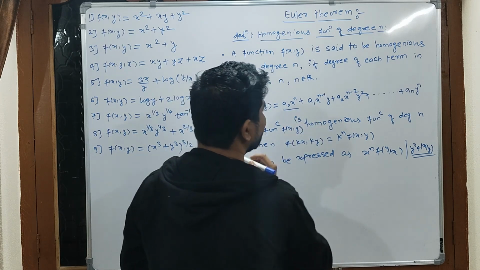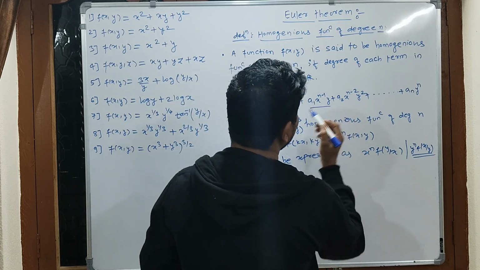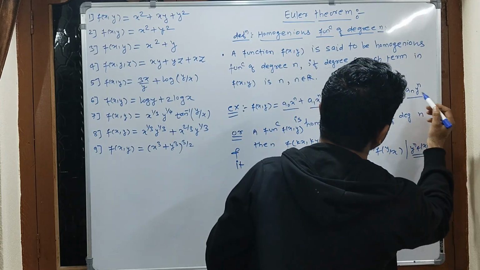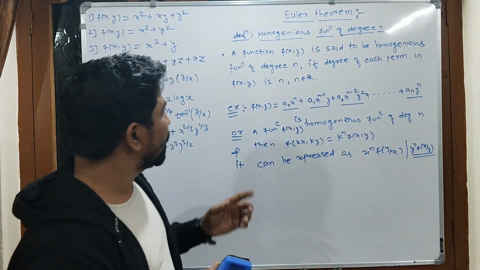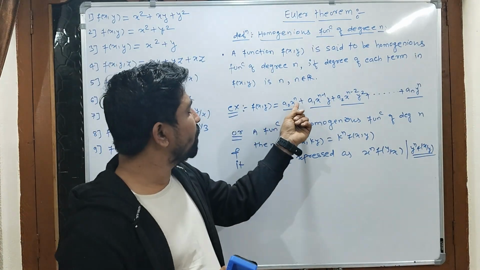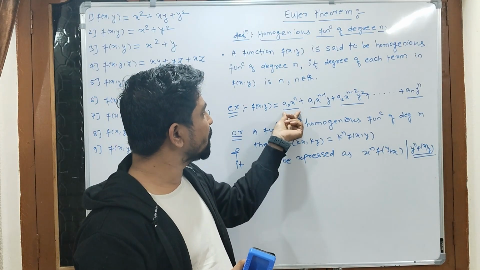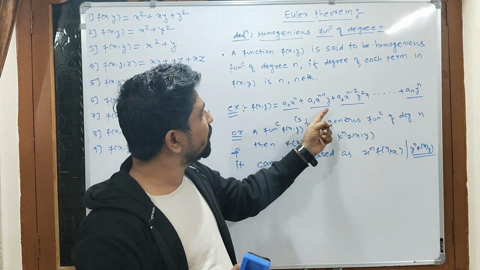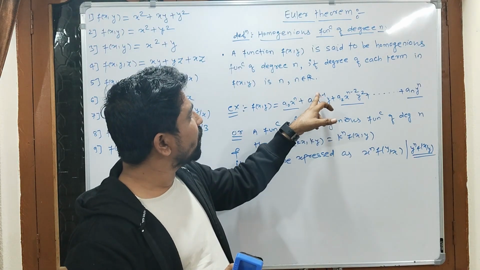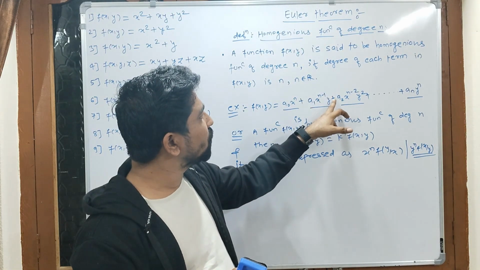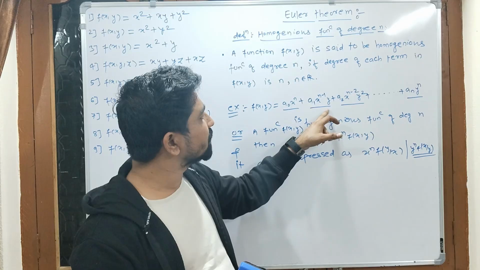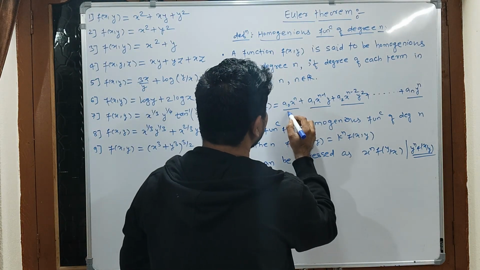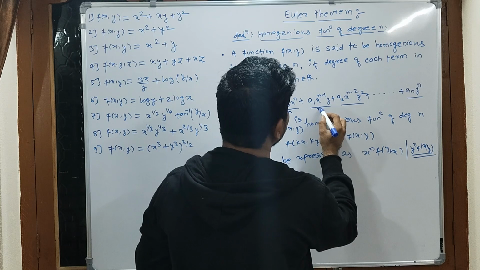Just focus on this function in two variables x and y. This is my first term, this is my second term, this is my third term, and so on. This is my nth term. So the degree of the first term, x to the power n, is n. The degree of my second term, x to the power n minus 1 into y, is also n.